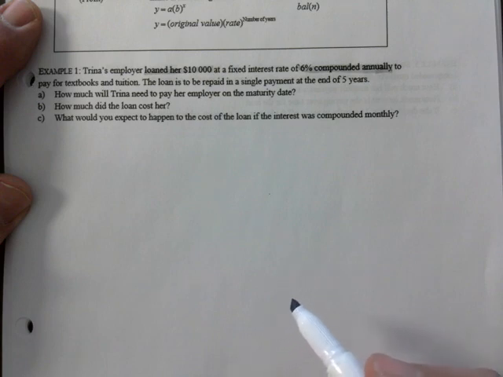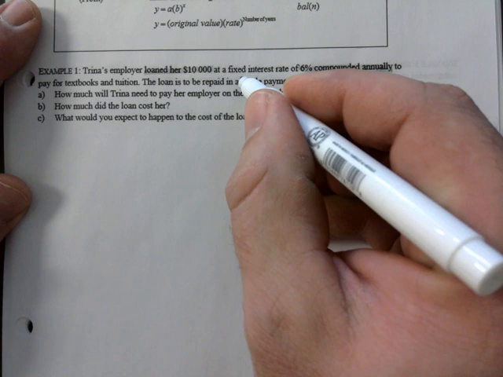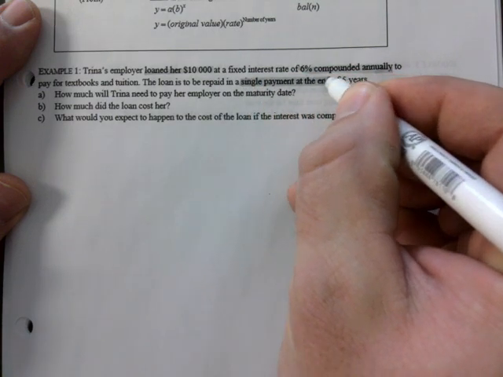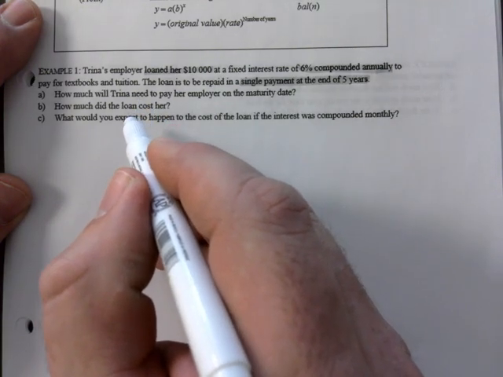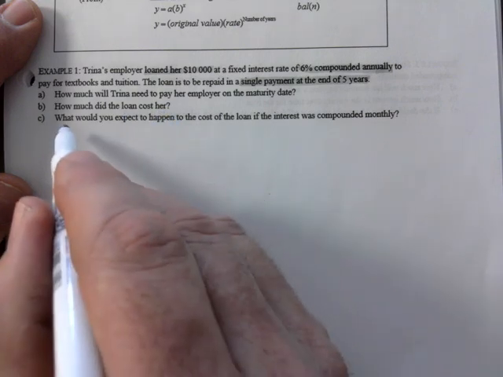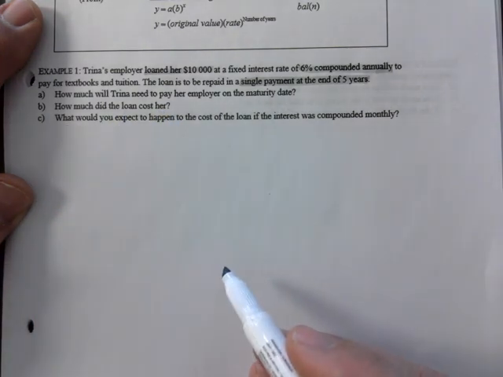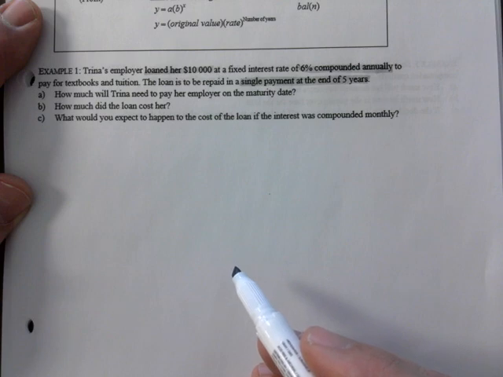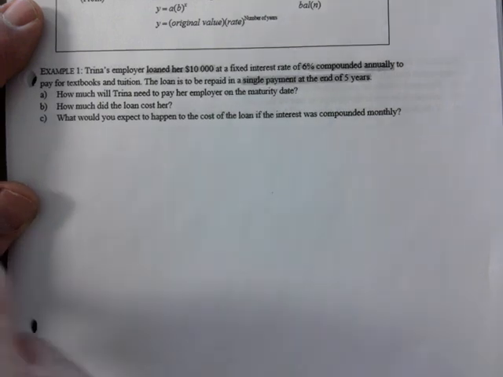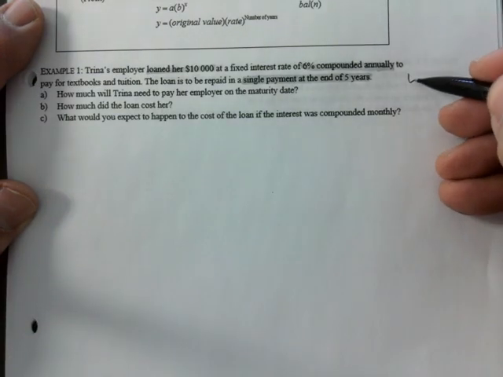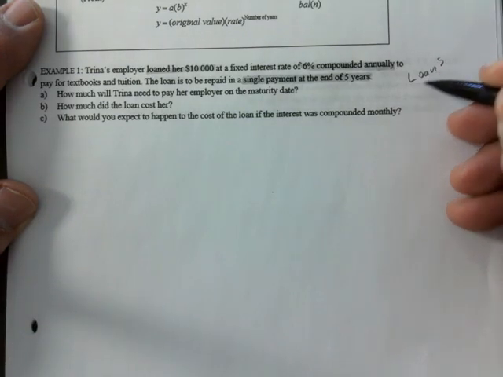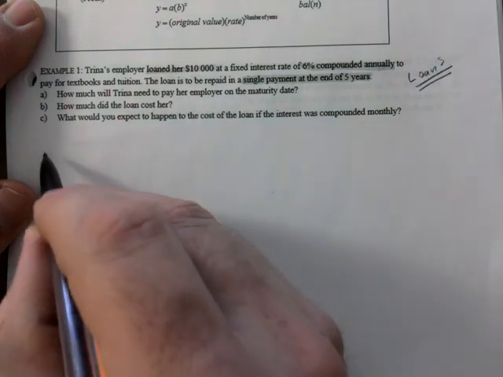The loan is repaid in a single payment at the end of the 5 years. How much will Trina need to pay her employer at maturity? How much did the loan cost her? What would you expect to happen to the cost of the loan if the interest was compounded monthly? So we're talking loans here. It's going to be a little different.